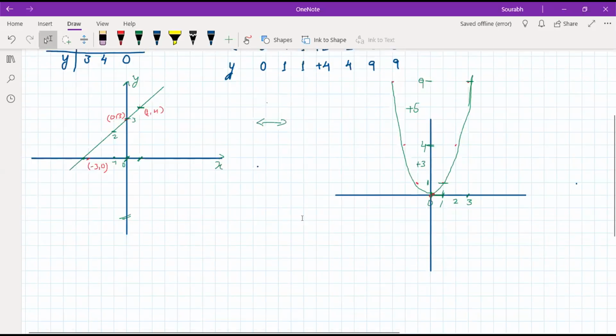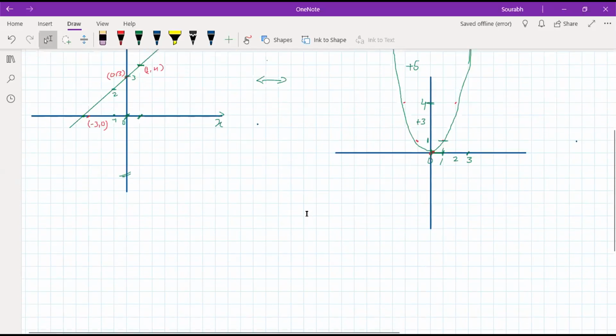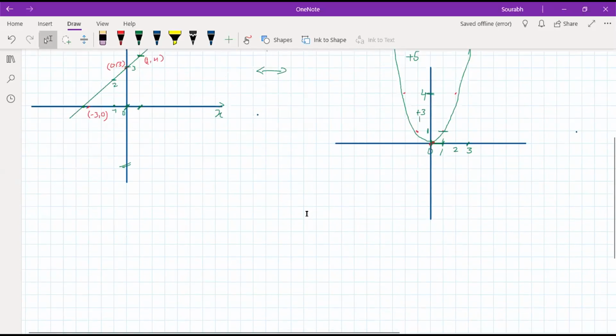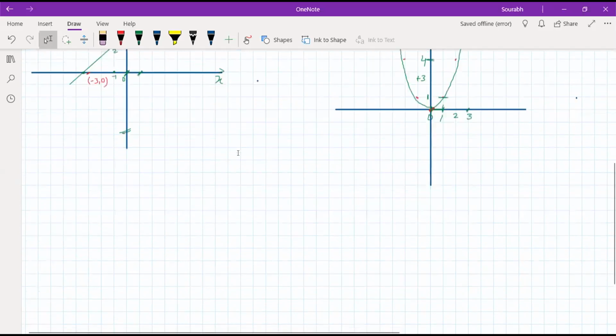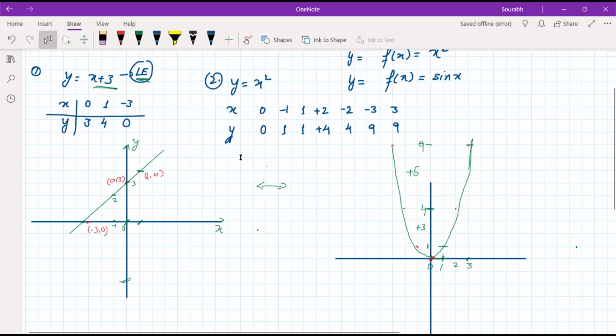Now, that was about functions and how functions can be represented in a graphical form. Next thing which we need here, and such things are very useful in studying physics. For example, this x and y can represent two different things.